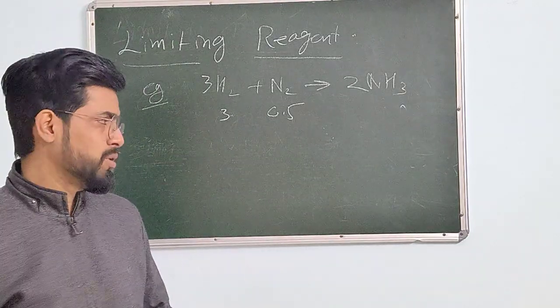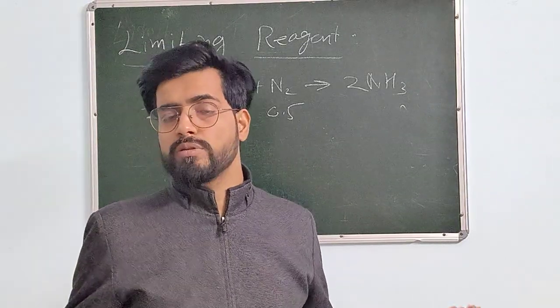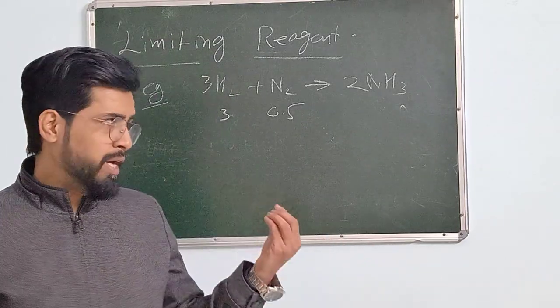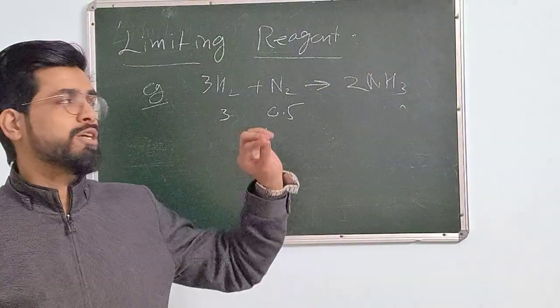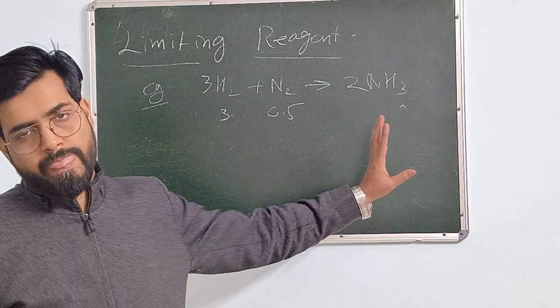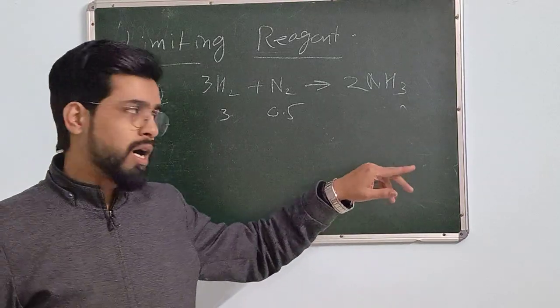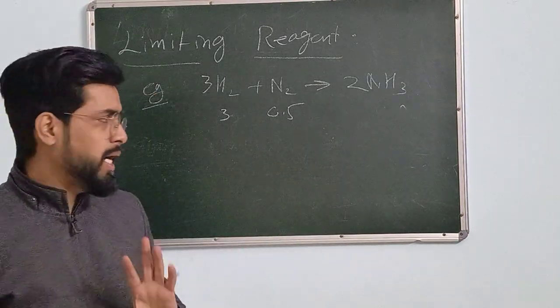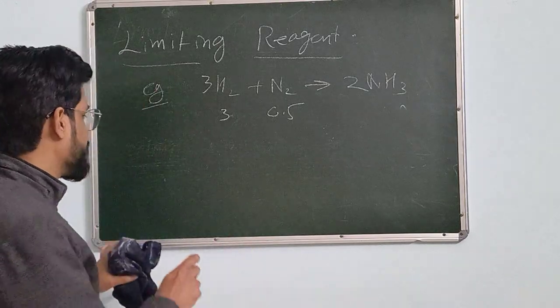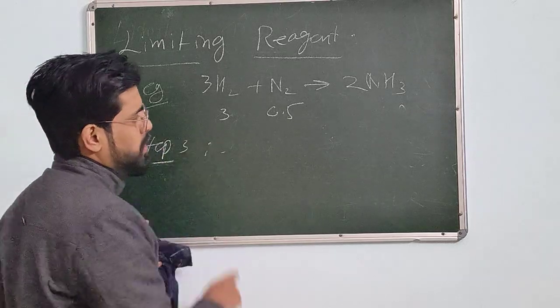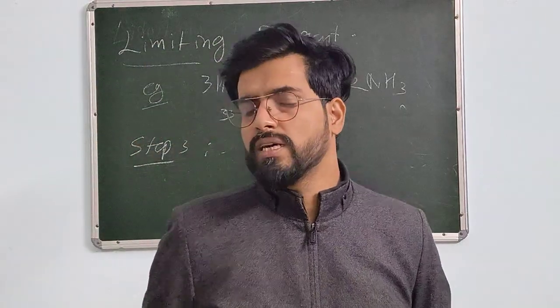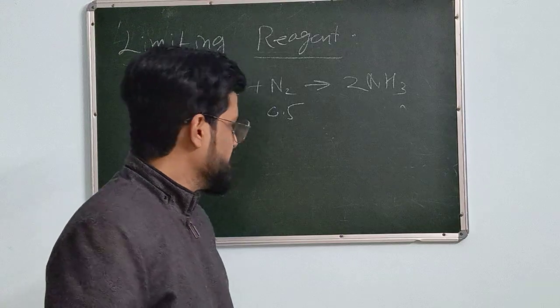They will ask about weight, mole, or these things related only to the product, not the reactant. I hope this point is clear. Now, step 3, we are going to calculate the moles of the product.